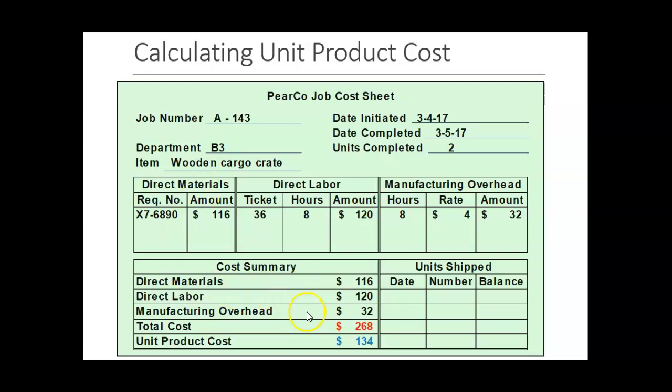They gave a total cost of $268. We produced 2 units, 2 of the wooden cargo crates, which means that the product cost is $134 per wooden cargo crate. So we can use a job order cost system to assign costs to each individual job.